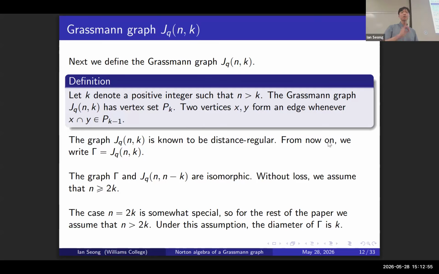Now, the n equals 2k case is somewhat special because by flipping the projective geometry upside down, we have a symmetric case. So we're going to look at the general case where n is greater than 2k, and I'm not going to talk about the case n equals 2k today. Under this assumption, the diameter of the Grassmann graph is simply k.